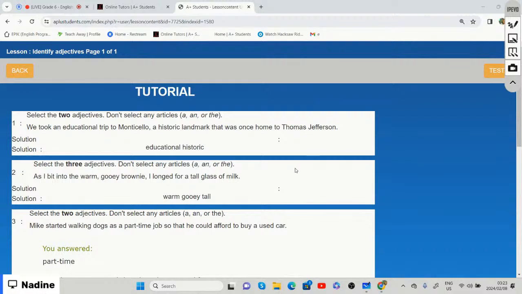If we try to identify our adjectives within the sentence: we took an educational trip to Monticello, a historical landmark that was once home to Thomas Jefferson.